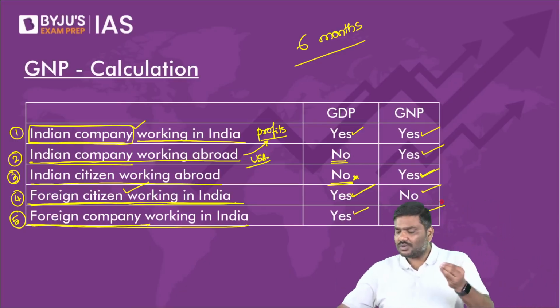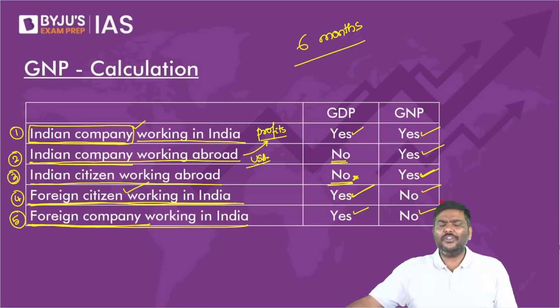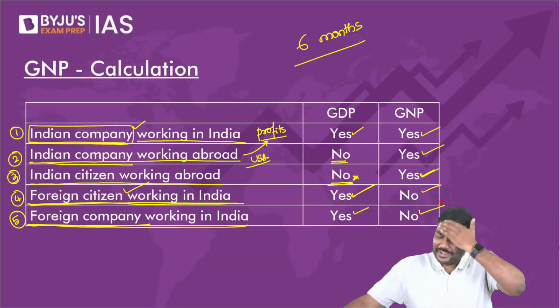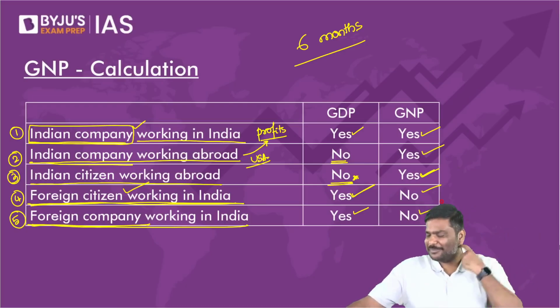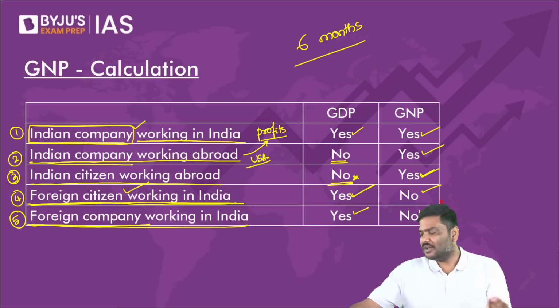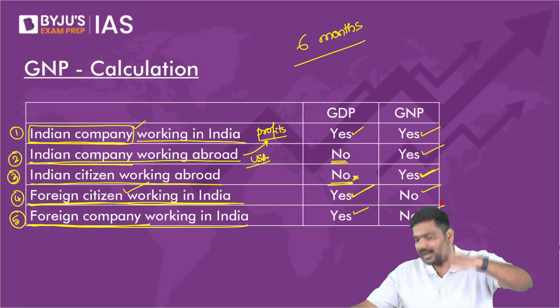And one student is asking, what is the difference between GDP and GNP? My dear, did we not start with the basic difference between both? GDP is the market prices of all the goods and services produced in the territory of India.